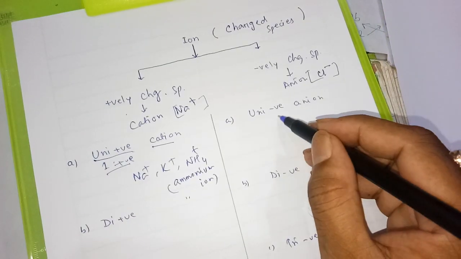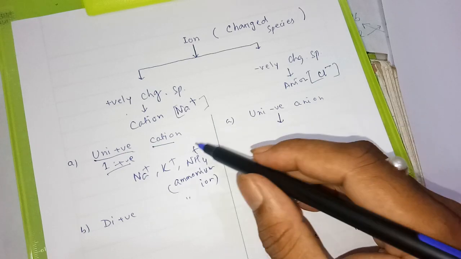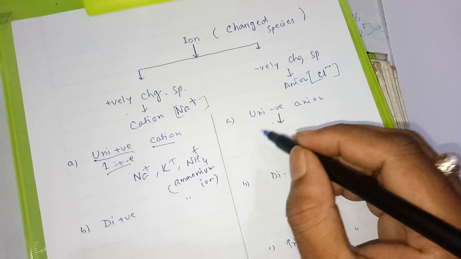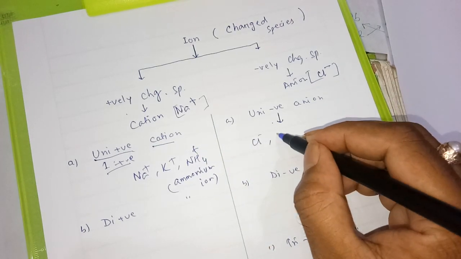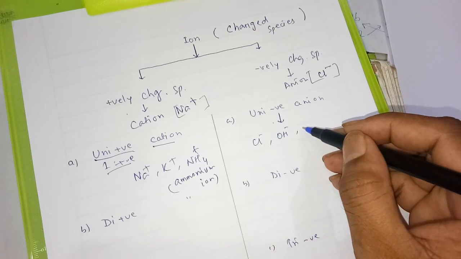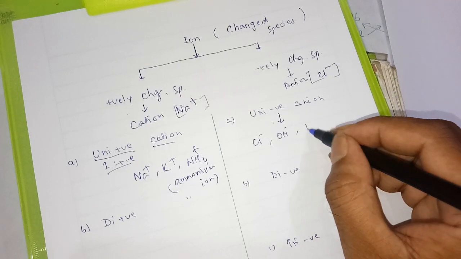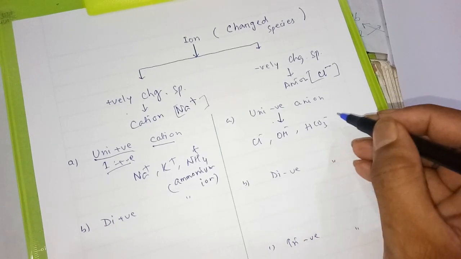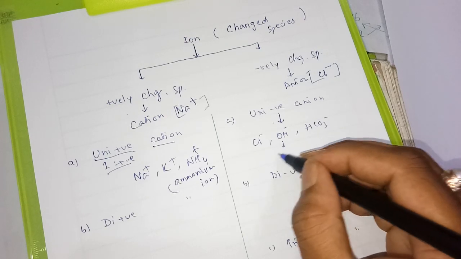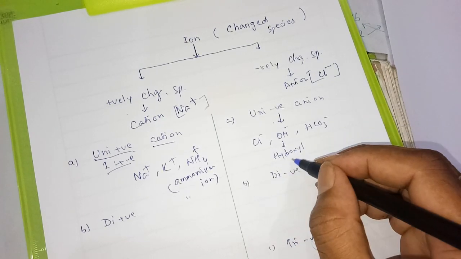Now uni-negative ions. Uni-positive we have done, now uni-negative. This is your Cl negative, OH negative, HCO3 negative. OH negative is your hydroxyl ion.